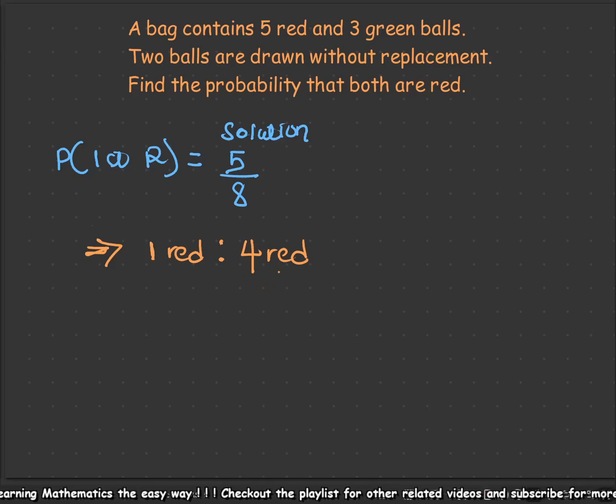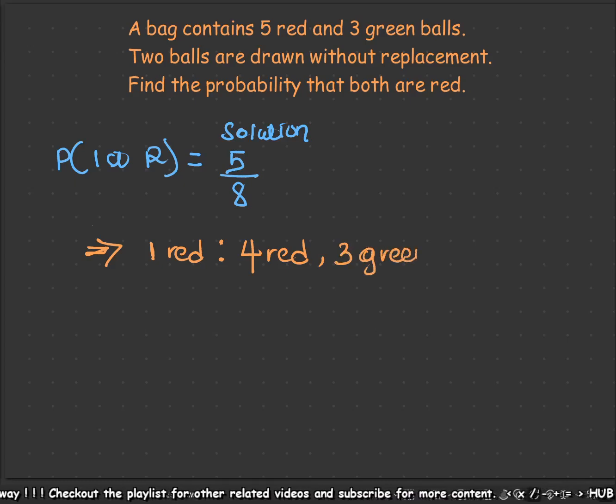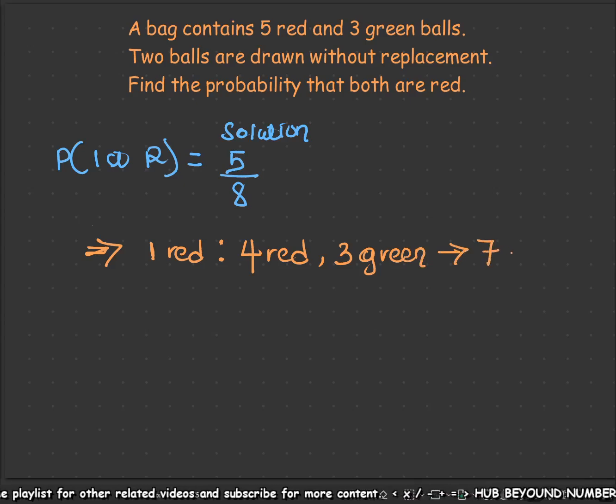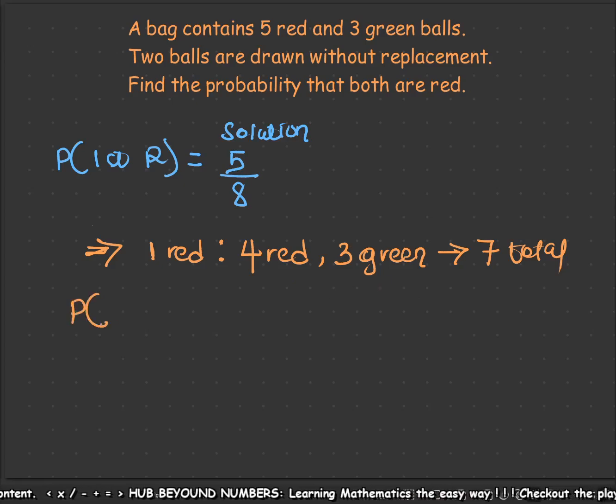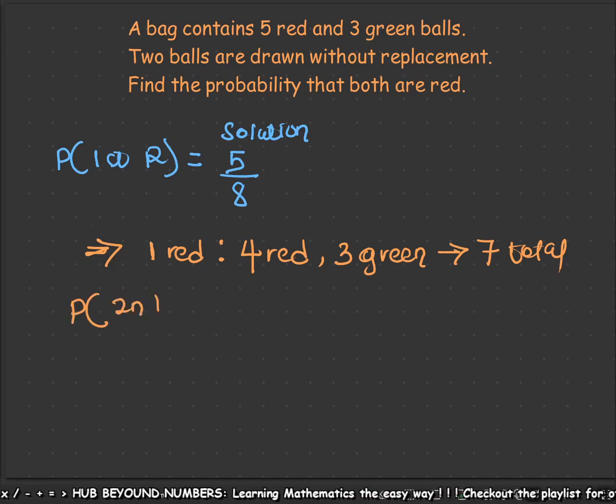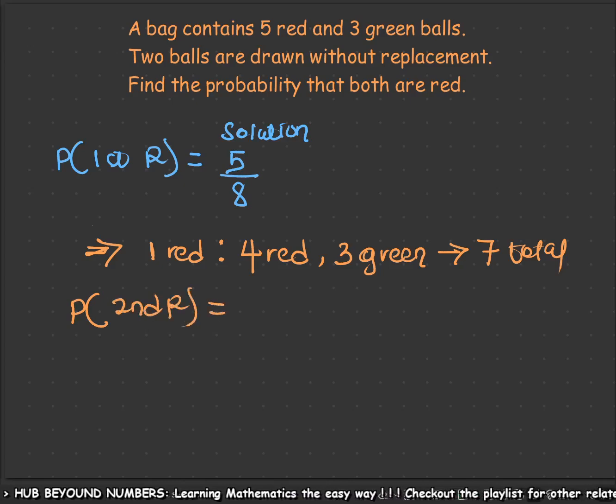And we still have 3 green balls, so we now have 7 in total. That becomes our new sample space. With this sample space, we have a new question: the probability of picking our second red ball would then be what?